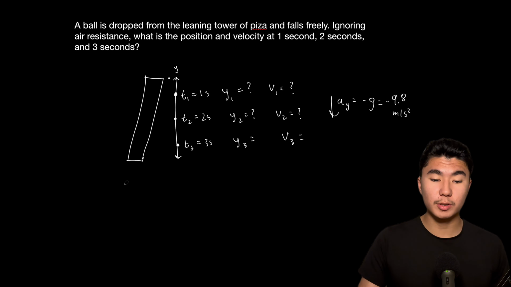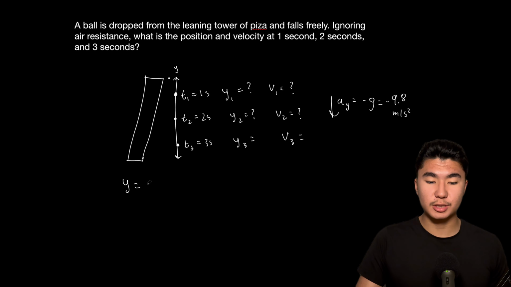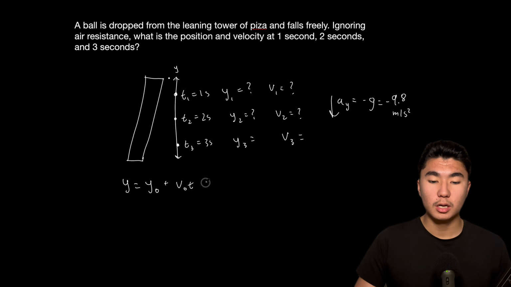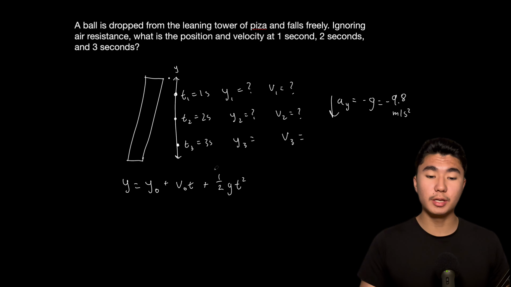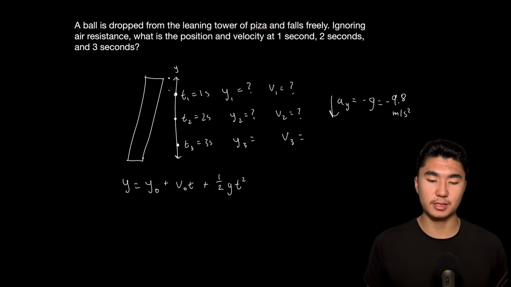So one of the equations we can use automatically is that position equation. That was position at a certain time equals initial position plus initial velocity times t plus 1/2 g t squared. That's gravity. So we know that our initial position is 0, so that's automatically 0.